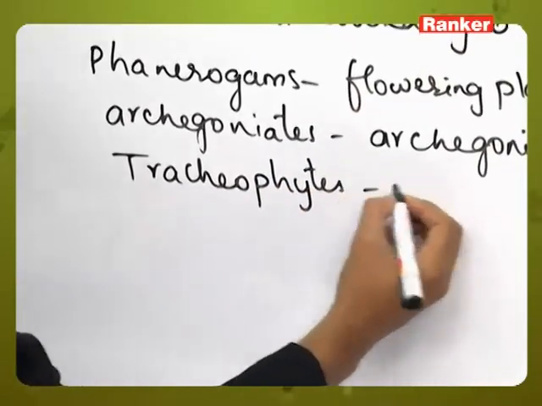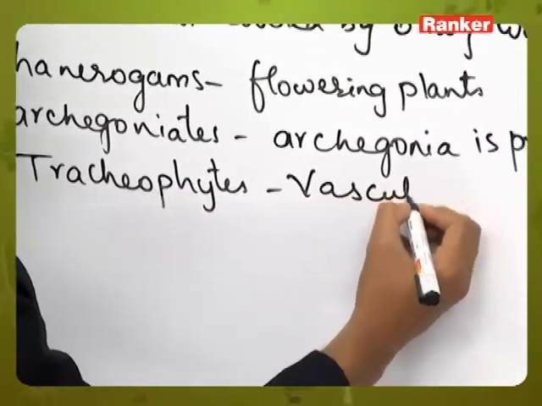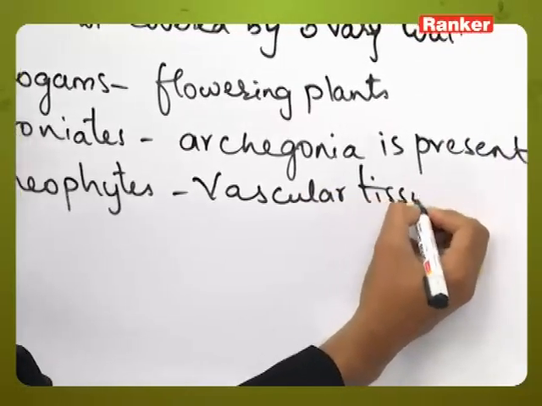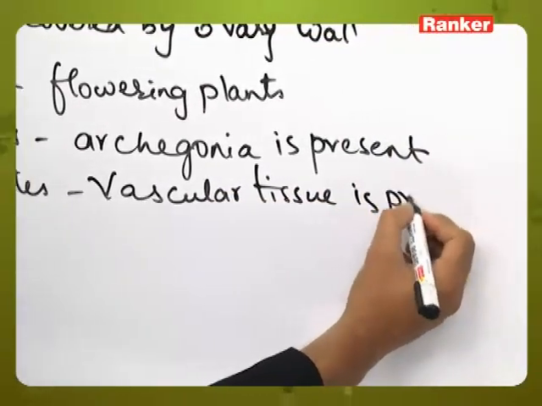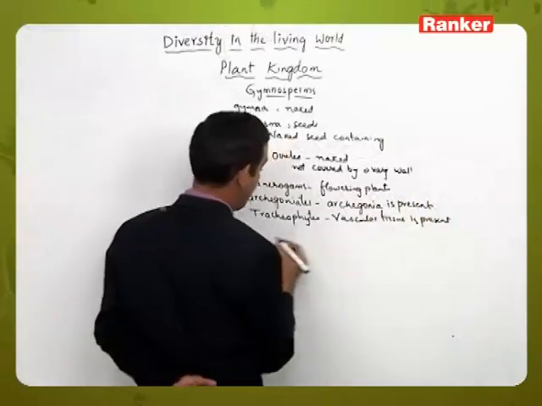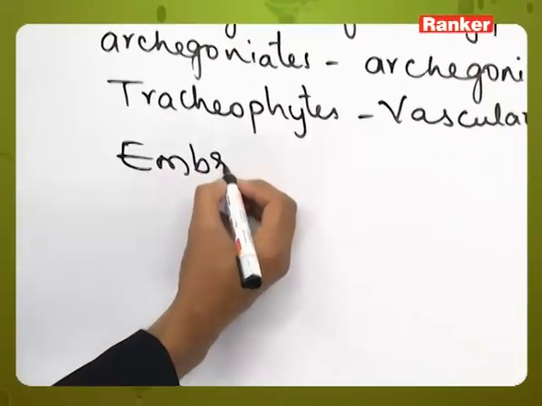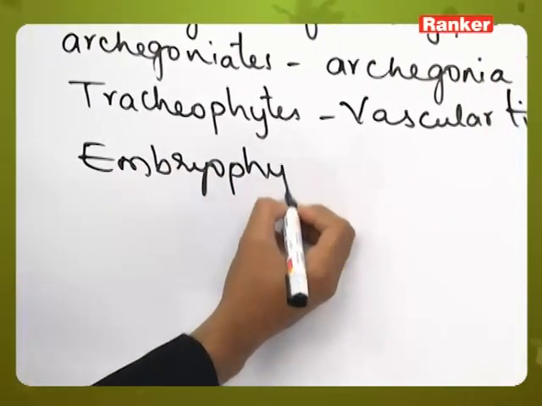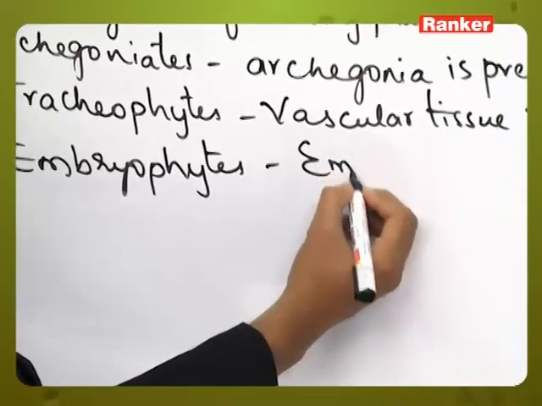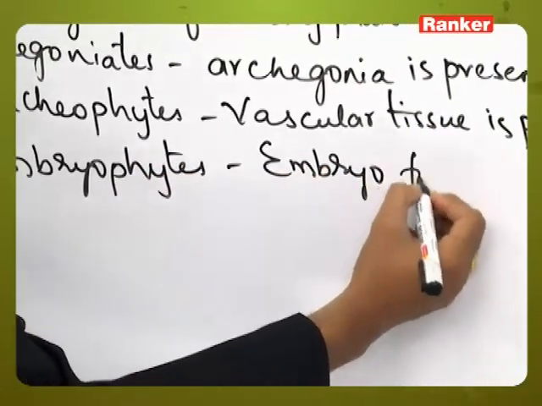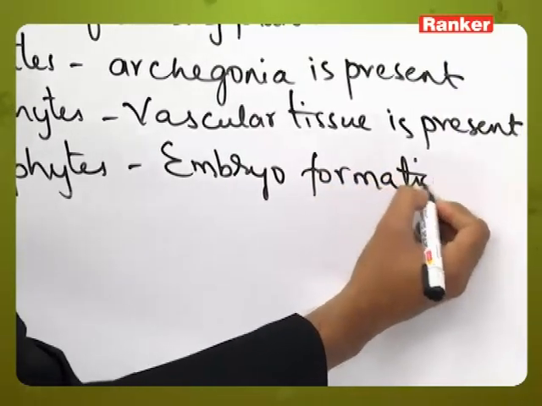Tracheophytes means they have vascular tissue, that is, xylem and phloem are present, and these are part of embryophytes, that is, in the life cycle embryo formation is present.